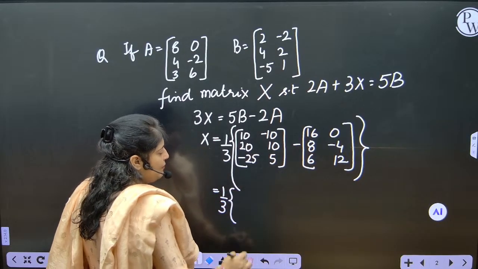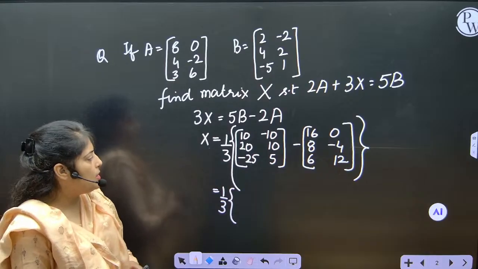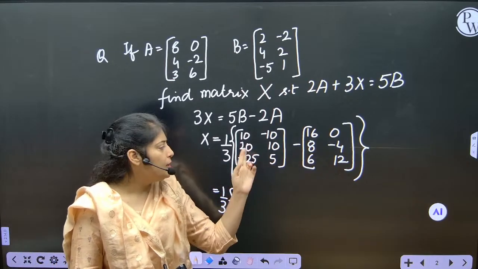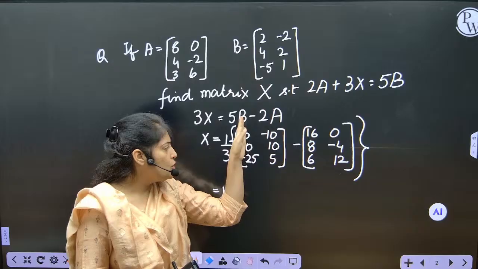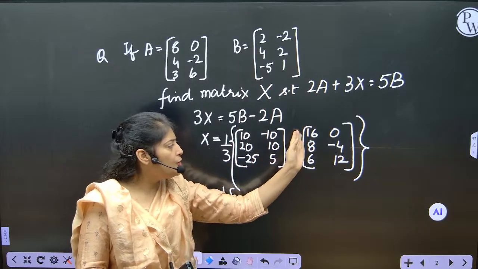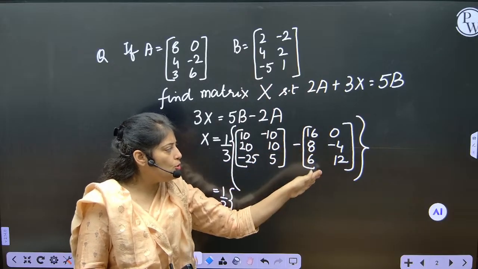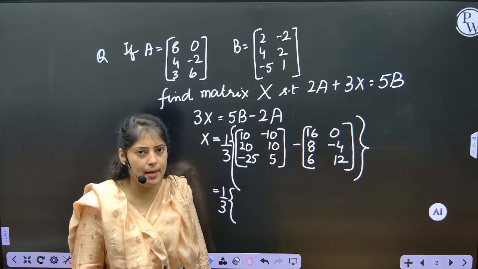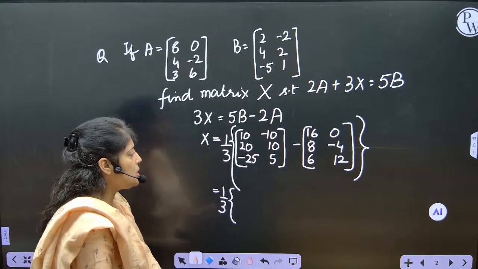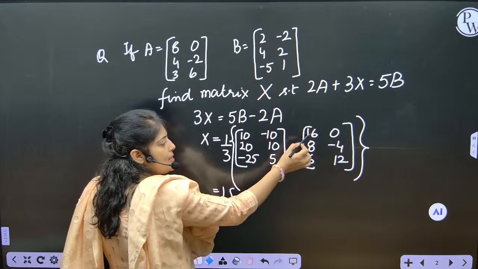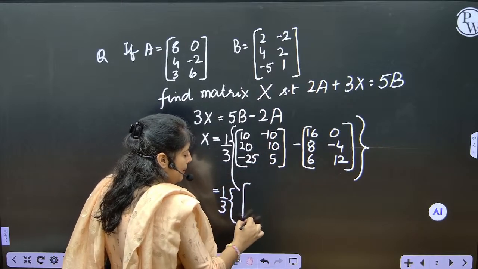So simplify it. Now the order is 3 rows, 2 columns. The order is the same, so corresponding elements we will subtract. 10 minus 16 will come out to be minus 6.